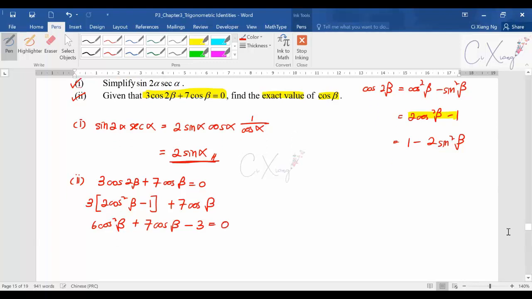Okay, then you will realize that you can factorize this equation and you'll get cos beta equals 1 over 3 and also cos beta equals negative 3 over 2. So this one you should accept, but this one you should ignore, because negative 3 over 2 means negative 1.5. So there will be no solution for cos beta equals negative 1.5. And therefore, this is what we should have.